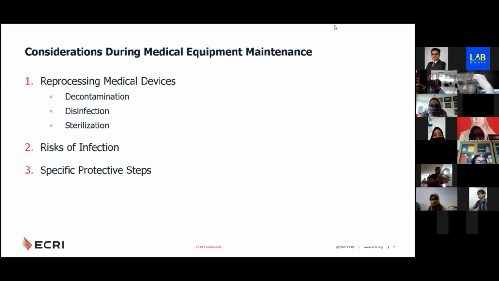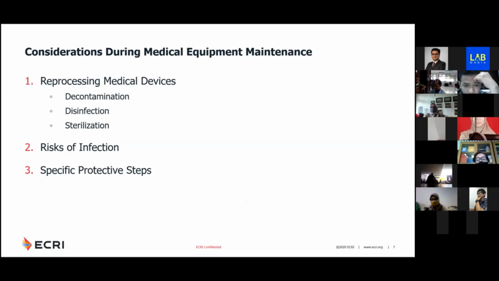So when you are handling these devices, before and after, make sure you disinfect your hands before moving on to other work. Other protective steps: when you are moving equipment in and out of the room where the patient is housed, especially the COVID-19 patient, make sure that this equipment is decontaminated before moving from one location to another.